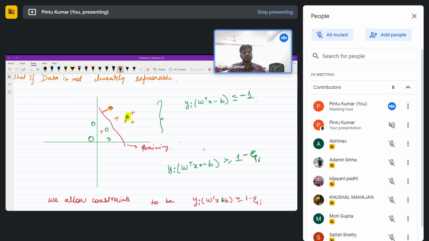So what I did is I allowed some error xi into it. If my xi takes some value greater than or equal to 2, and these xi's are greater than or equal to 0, so let's say my xi takes value 2 for this particular data point, then this property is also satisfied. So I allow some error in my constraints.